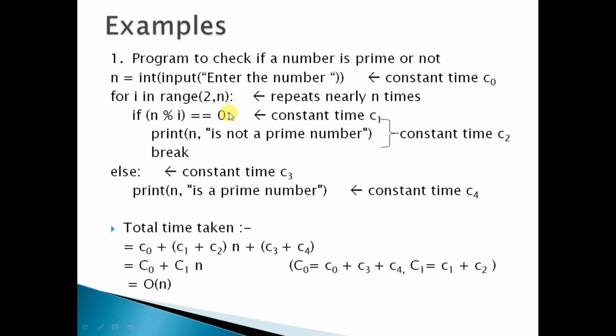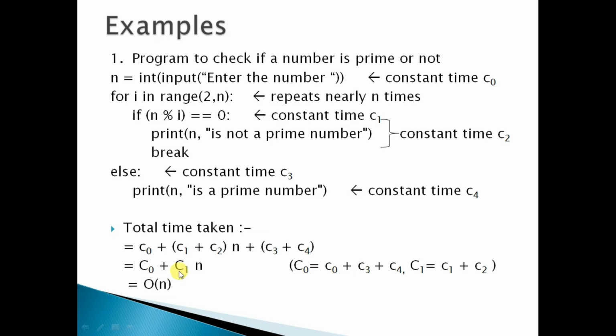It is running n times and it has two statements, one of C1 and another of C2. So C1 plus C2 multiplied by n. Next we have a constant time C3 and a constant time C4. Now we add all these constants C0, C3, C4 and give it a new constant called capital C0, and C1 plus C2 we give a new constant value called C1n.